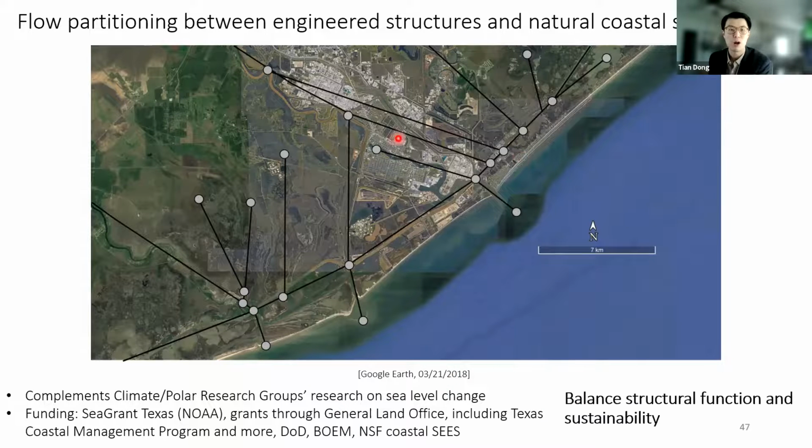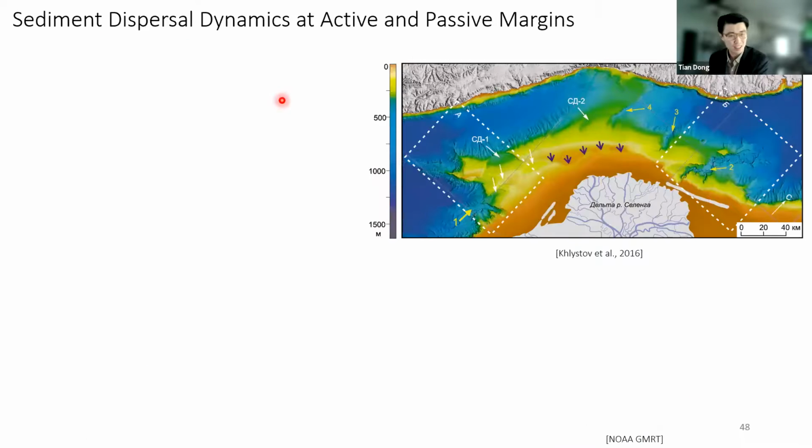The broad goal of this project is to find a balanced solution to optimize the structural function of engineered products and the sustainability of the coastline. Another project I'm interested in is to look at sediment dispersal dynamics at both active and passive margins.